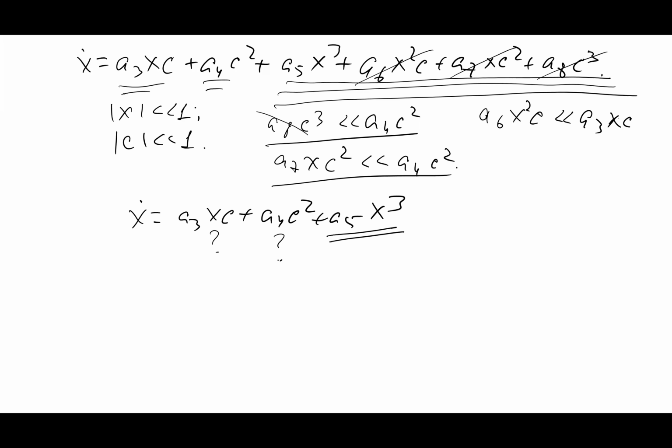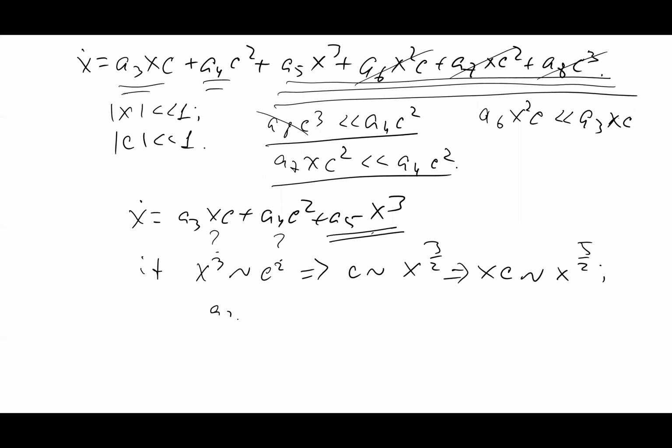And we can't compare directly. Well, probably we can. If x cubed is of the same order as c squared, this means that c is of the same order as x to the power of 3 over 2. And this means that xc is of the same order as x to the power of 5 over 2.